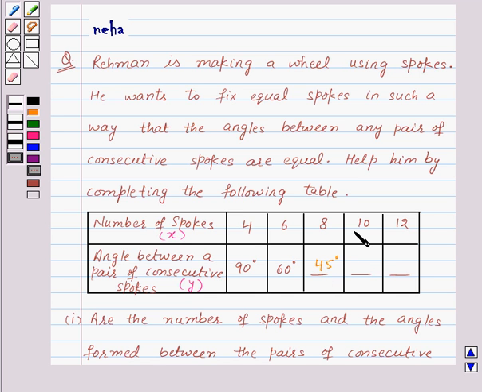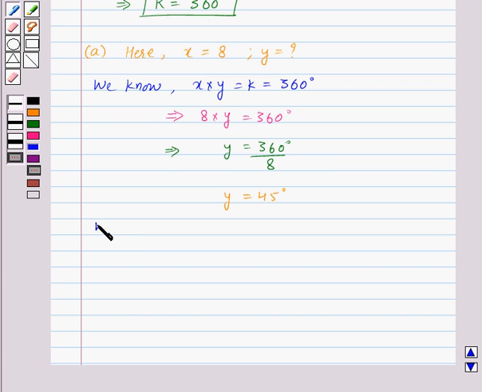Now in the next case, that is part B, we have number of spokes, that is x equal to 10, and we need to find the angle, that is y. So here x is equal to 10 and we need to find y. And we know that x into y is equal to k, that is 360 degrees.